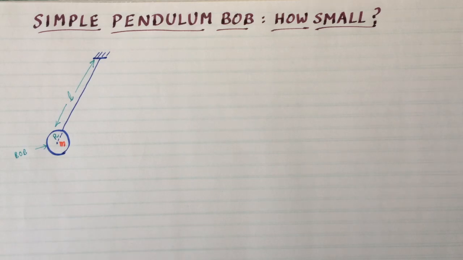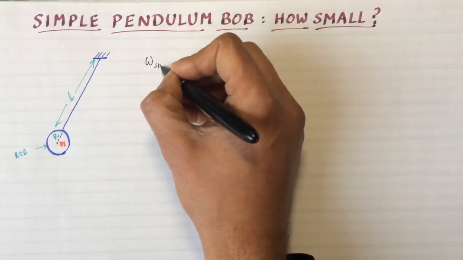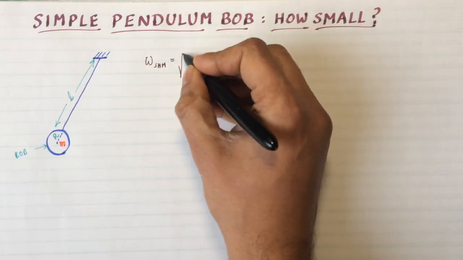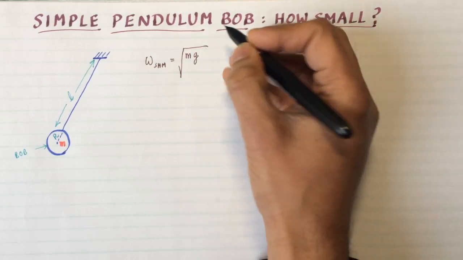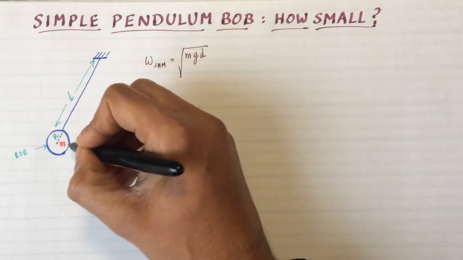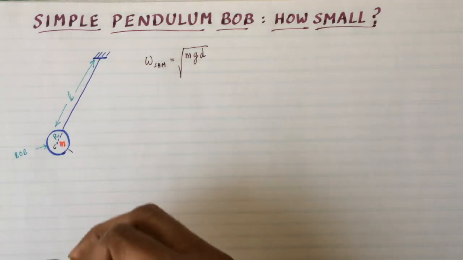Now, if you go back to the previous videos, you will find the theory of the physical pendulum. So the oscillation angular frequency, omega simple harmonic, is the square root of the mass times the acceleration due to gravity times the distance between the center of mass of the physical pendulum.